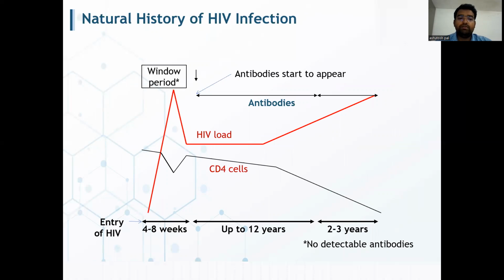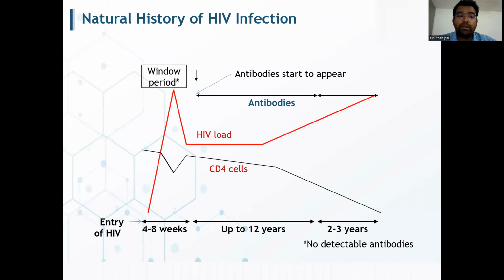The natural history of HIV infection: from the point of entry of HIV, you don't see the antibody levels immediately. The antibodies start to appear after 4 to 8 weeks. That period of 4 to 8 weeks from the entry to the appearance of antibodies against the HIV virus is called the window period.